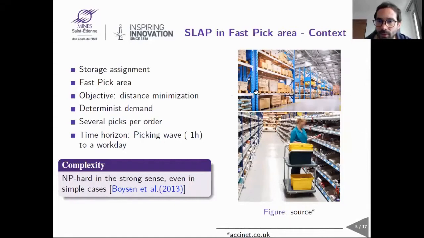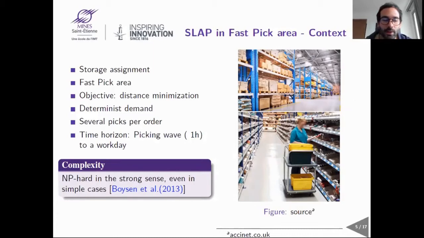There is the reserve area, like this one, where items are stored in bulk for long-term storage. It's really space efficient because the racks are quite high, but it's not really efficient for order preparation and order picking.